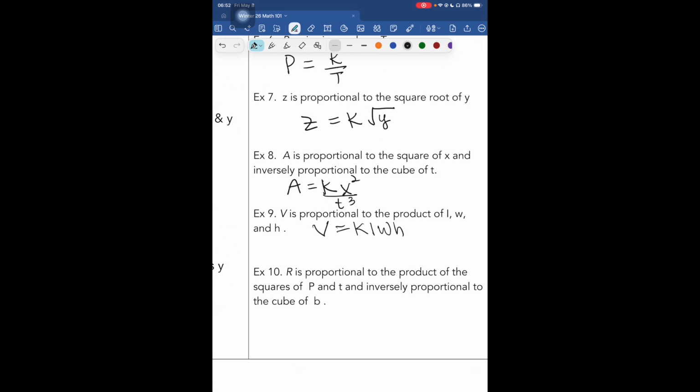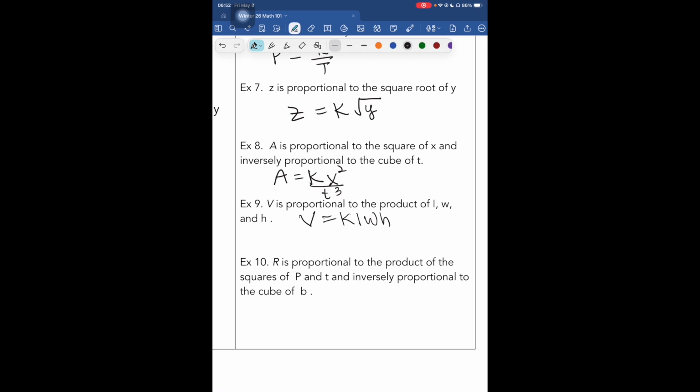Okay, in our last example, it says R equals k, proportional to the product of the squares of P and T. So to the product, we know that these are going to be multiplied, but also they are squares. So P squared, T squared.